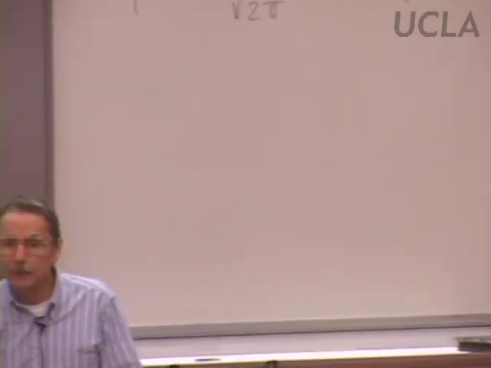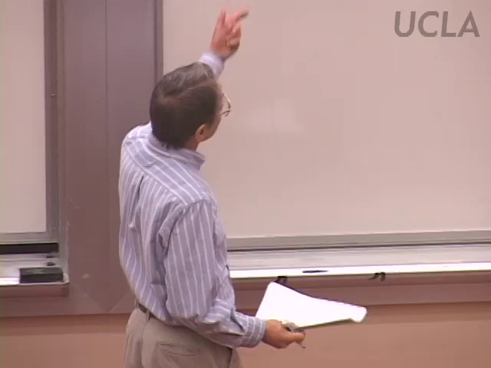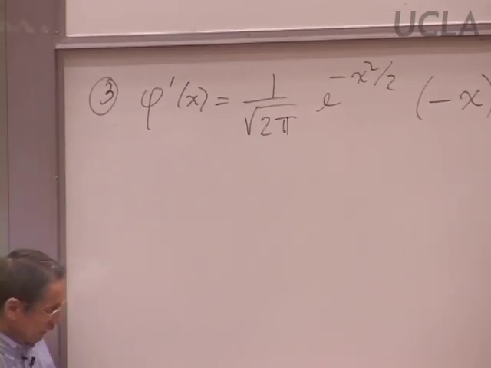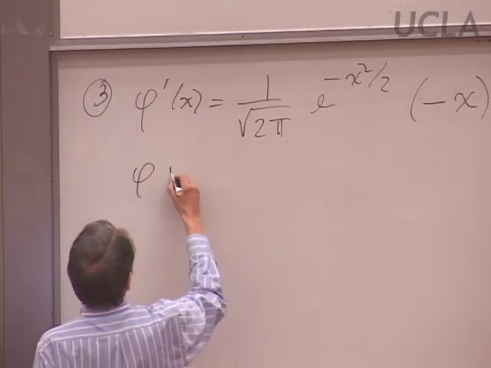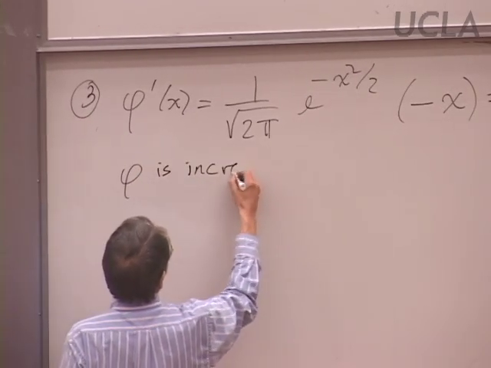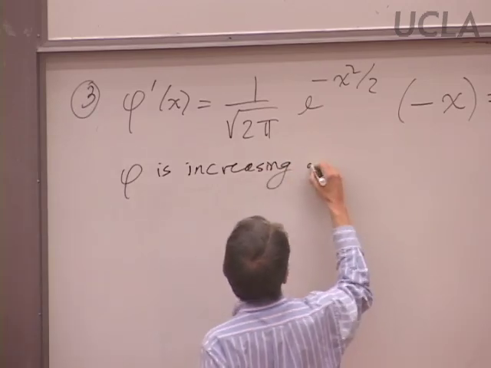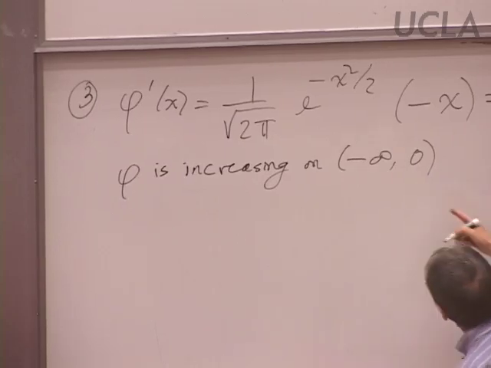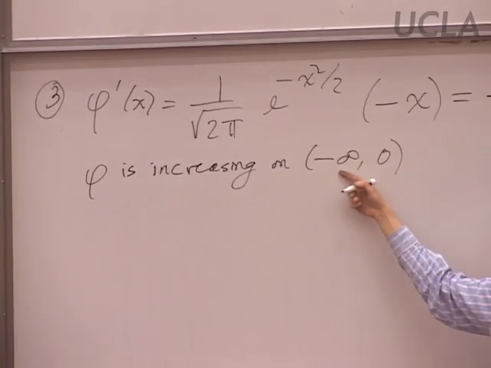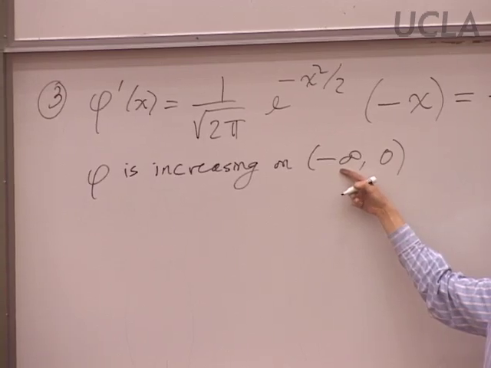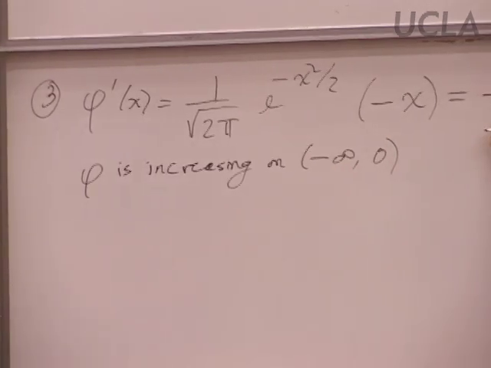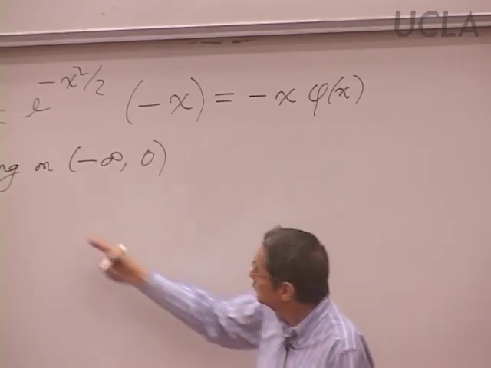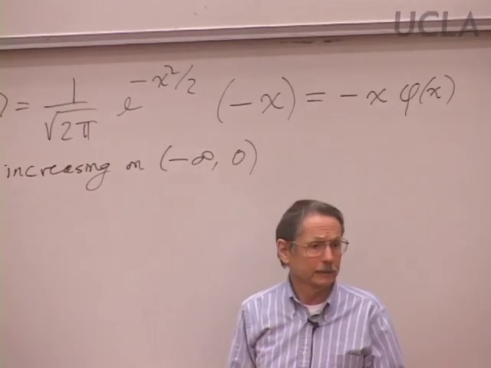So phi is always positive, and so the derivative is either positive or negative depending on what x is. If x is negative. Okay, so for the left half of the picture, if x is negative, minus x is positive. Phi prime is positive. That tells us that the function is increasing.